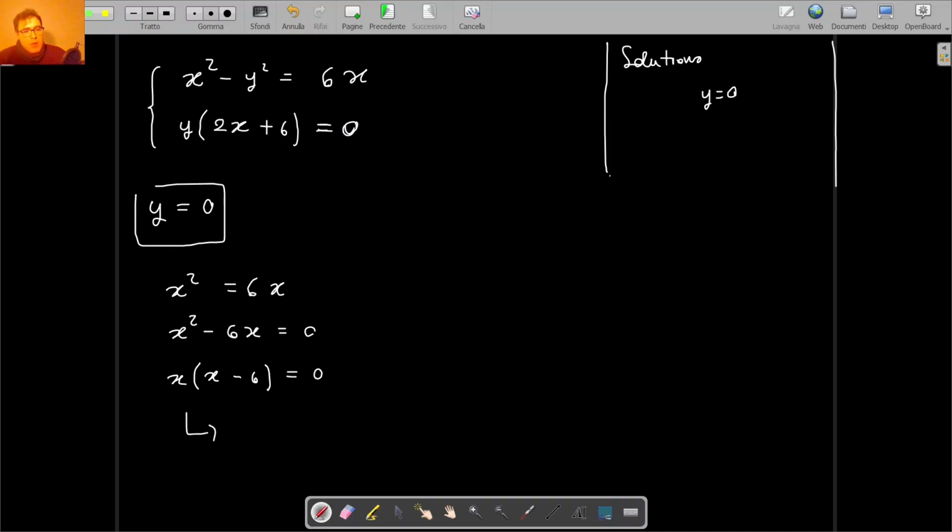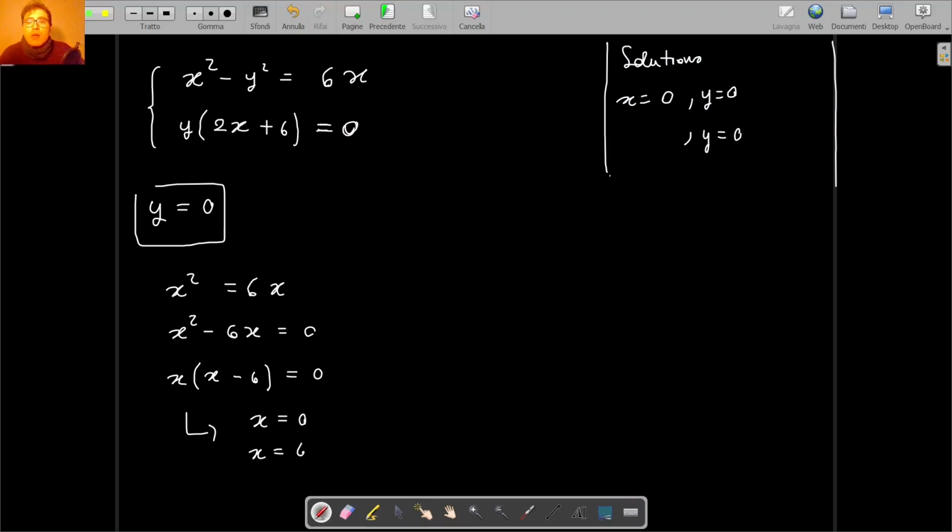And so we have two solutions here. We have x equal to 0 and x equal to 6. So we can write our equation here. We have y equal to 0 and we have x equal to 0. Excuse me, sometimes I say y equal to 0 because I am from Italy, but it's actually y equal to 0.